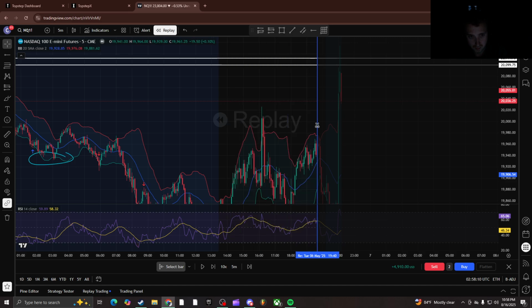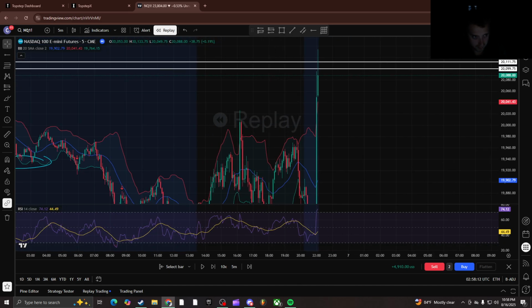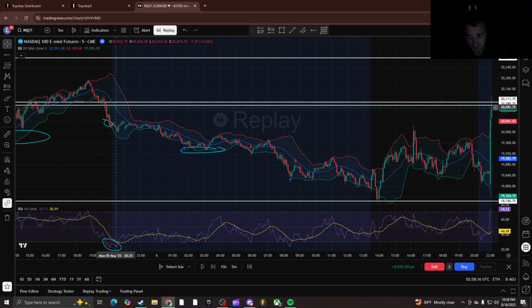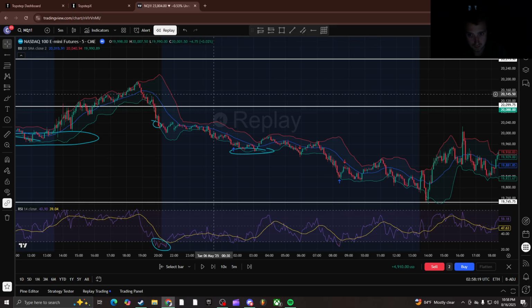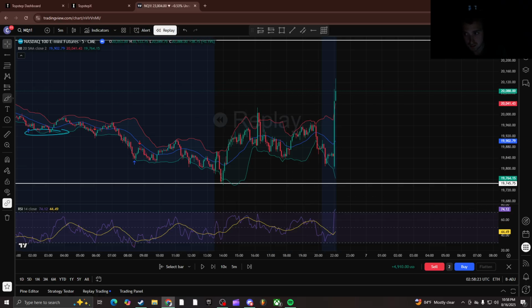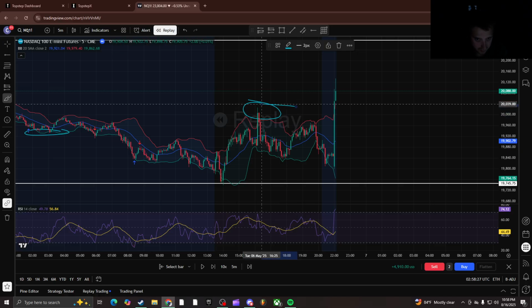So for the buy side, this is another good example here. So we came up, we had these levels marked out. Sorry, let me delete all that. I got confused for a second. So this would be our liquidity sweep, essentially.